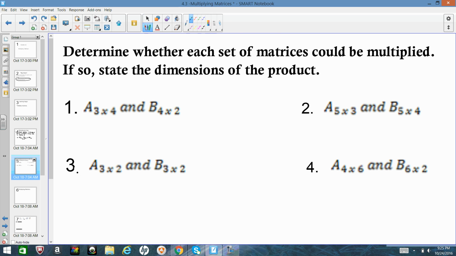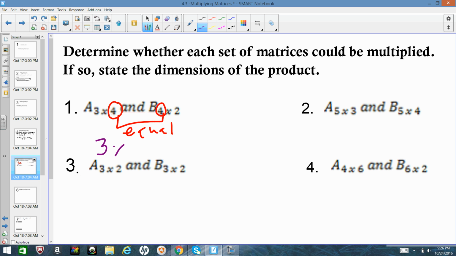All right, so let's look at matrix A is a 3 by 4, B is a 4 by 2. Well, if we look, 4 and 4 are equal. So because those are equal, we can multiply, and this would be a 3 by 2.